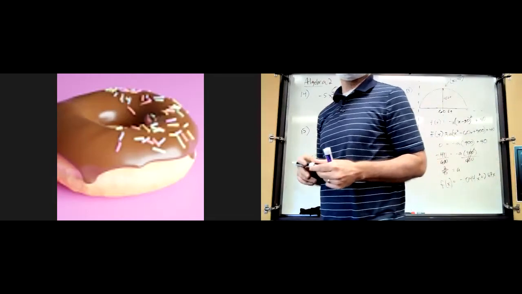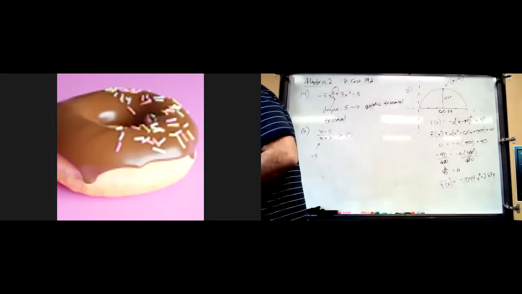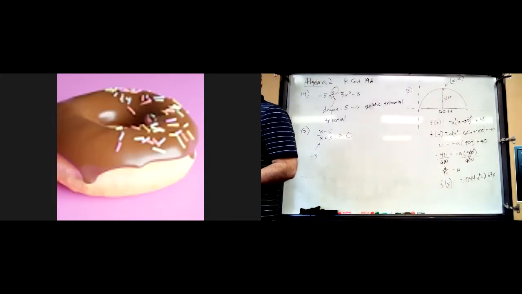Because I don't. Let's just move back a little bit. I think when you have the same degree, there's no horizontal asymptote. But let's just make sure here.